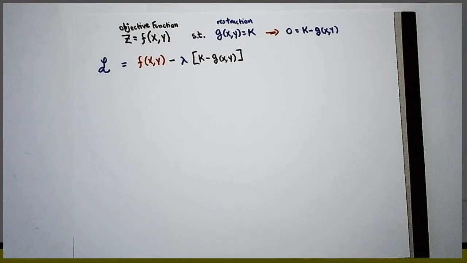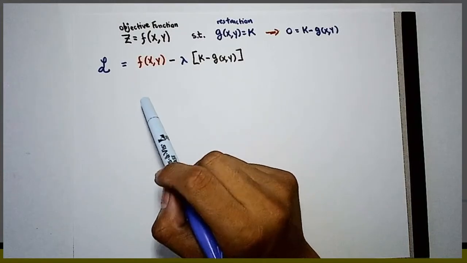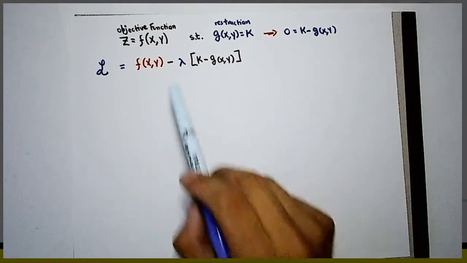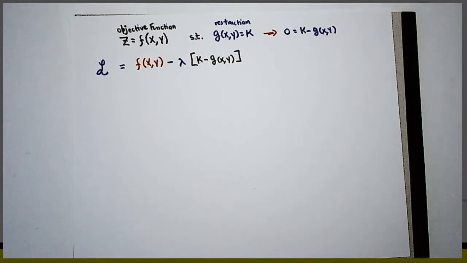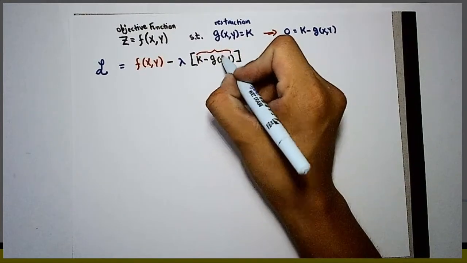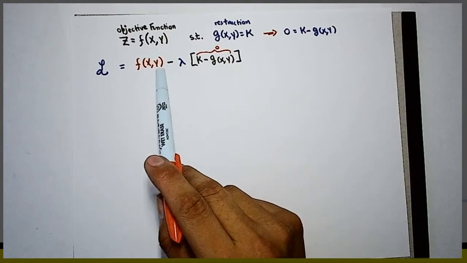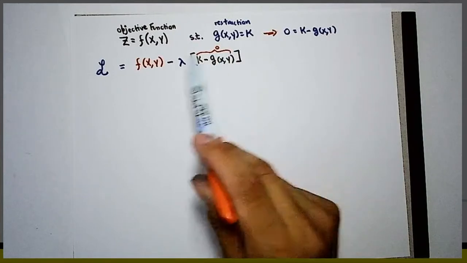Well, if you notice, the only thing that the Lagrange did was to combine both functions together. But if you see here, k minus g is 0. The only thing that I did, in other words, was simply to add a 0, because 0 times lambda is 0.